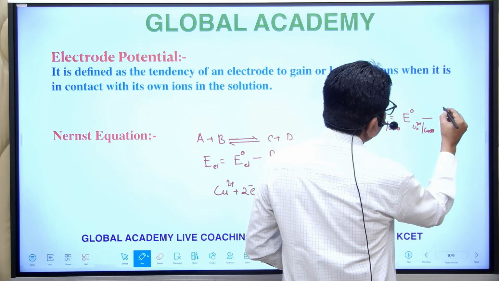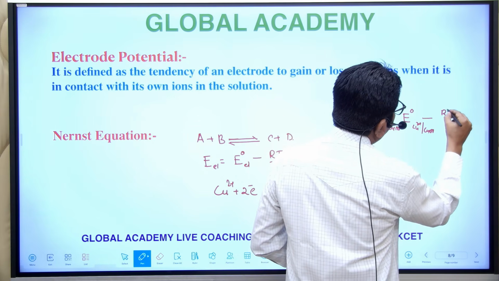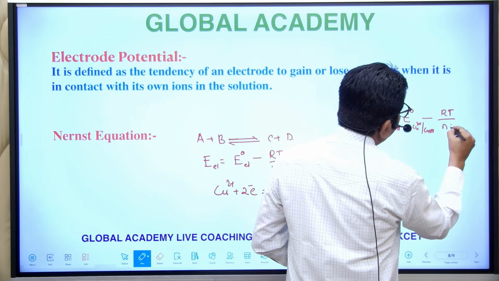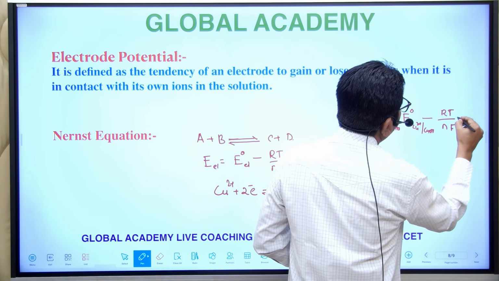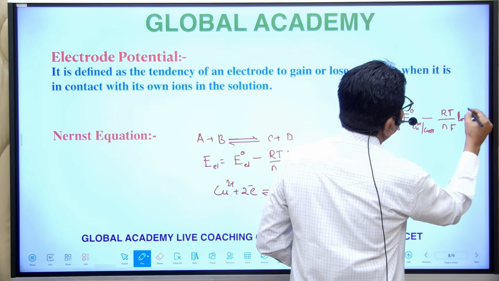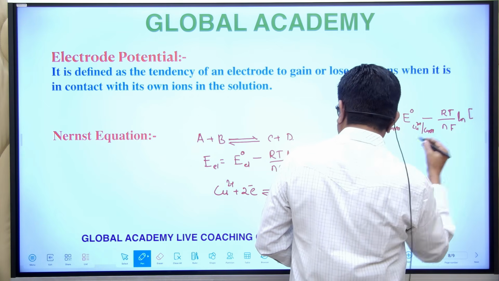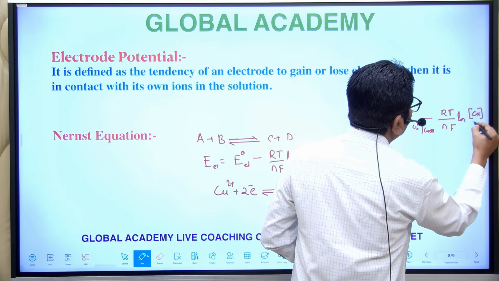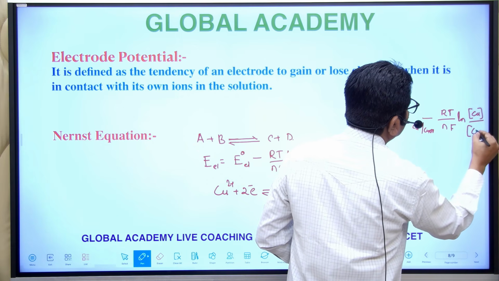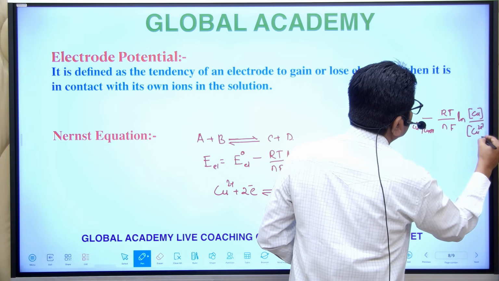minus RT by nF ln concentration of Cu upon concentration of Cu2+.